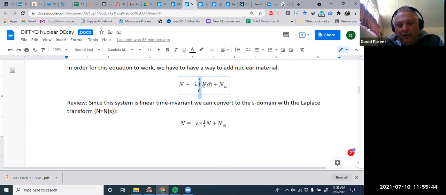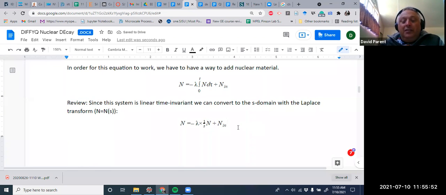That integral just becomes 1 over S, which, as a reminder, is the Laplace transform of a step function, but it's also the Laplace transform of the integral. If you look at the Laplace transform equation and put in a constant starting at 0, that's basically integrating a step function. So it is the same.